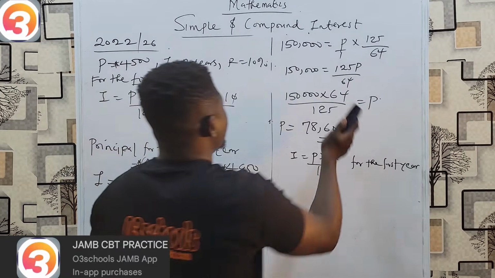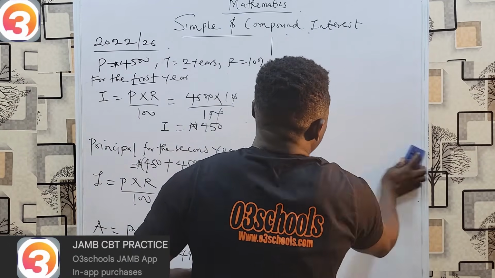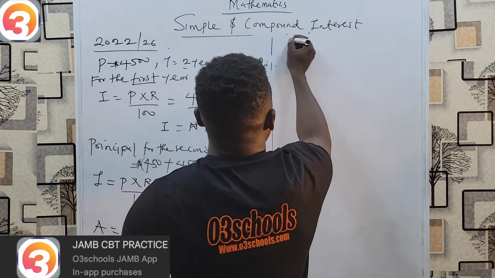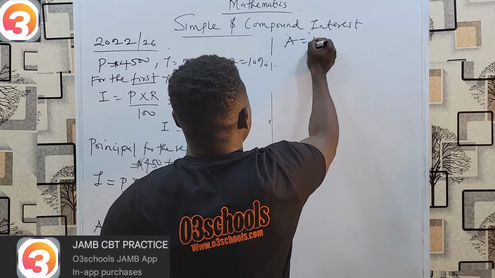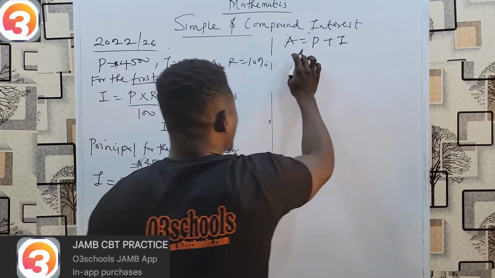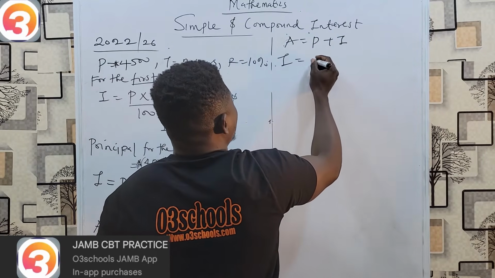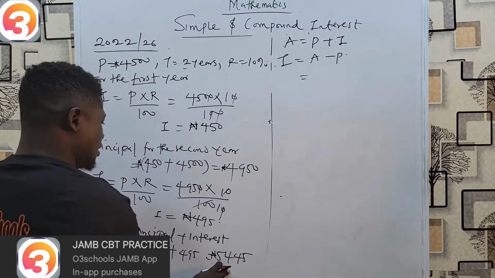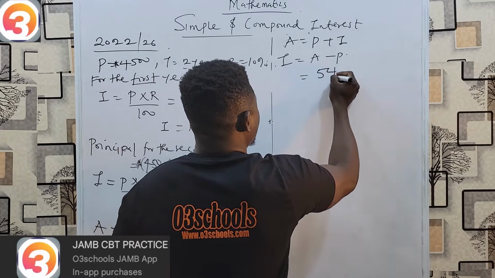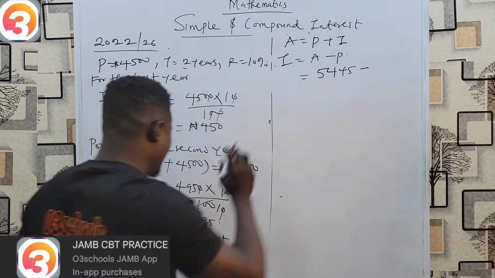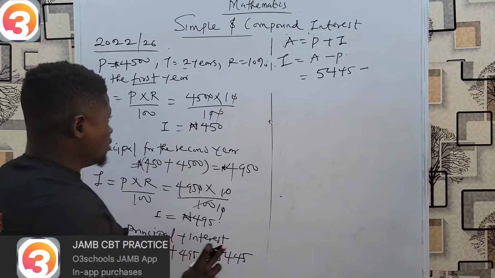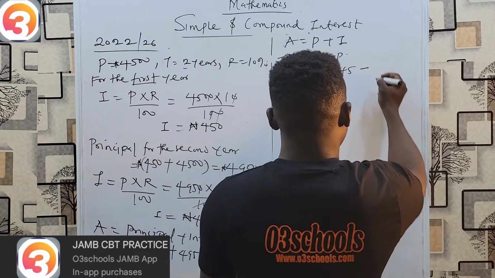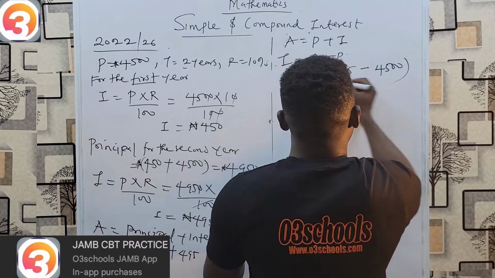After getting this amount for the second year, our question is asking, calculate the compound interest. Remember that we know that amount is principal plus the interest. So for compound interest, interest will be equal to amount minus principal. The amount is 5,445 naira minus the principal, which is 4,500 naira, all in naira.